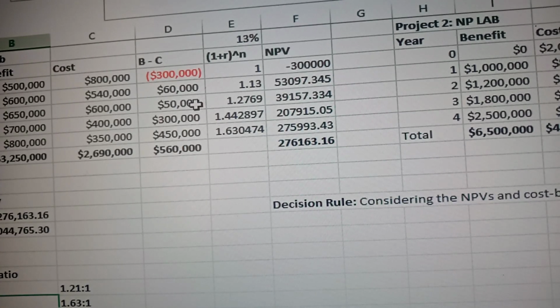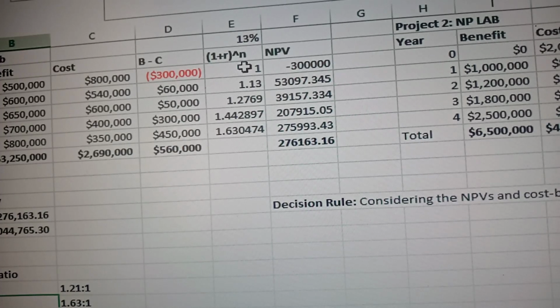In finance, we know that according to the principle of time value of money, $1 today is worth more than $1 in the future. I'm not going to talk deep about that, but we are using that principle to solve this problem. So we use the discounting factor, which is 1 plus R raised to the power n. N means the number of years, and R is the discounting rate.